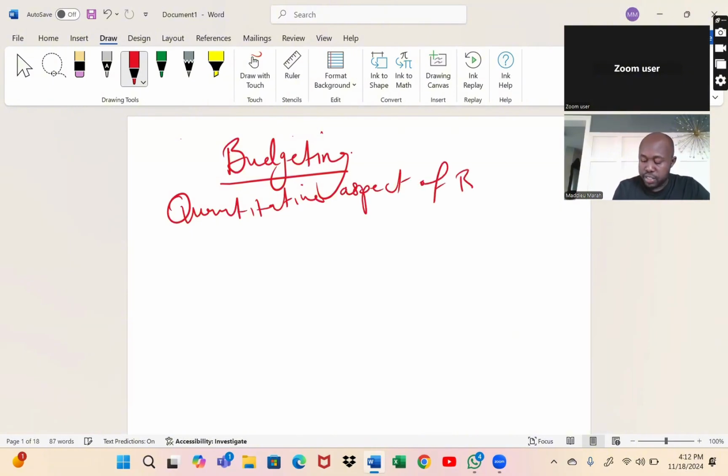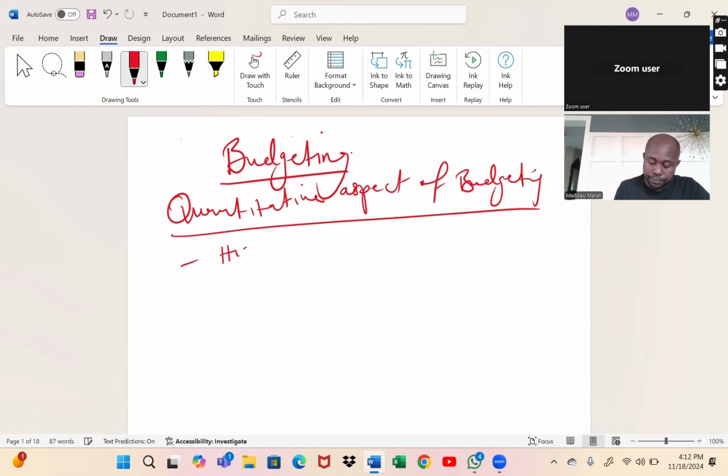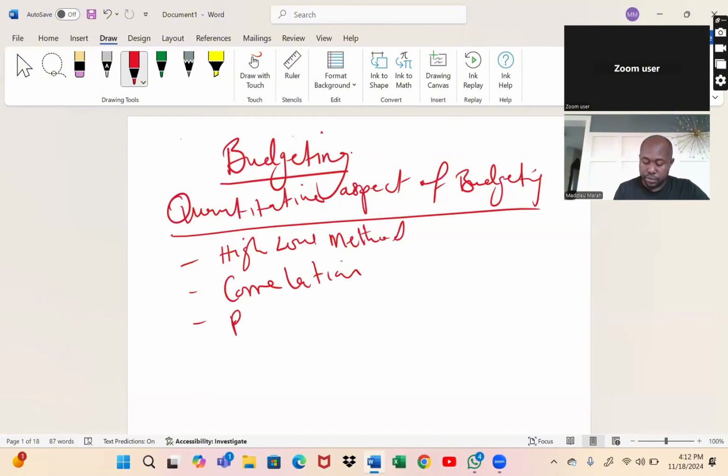we'll be looking at high-low method. Okay. We're looking at correlation. We'll be looking at regression. Looking at time series.